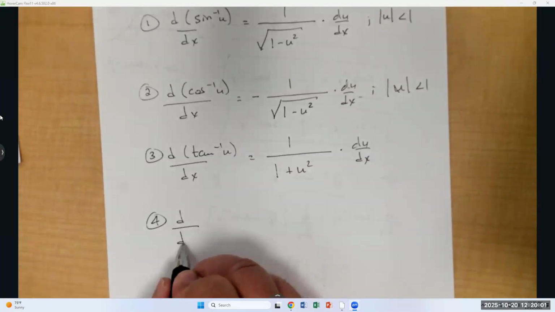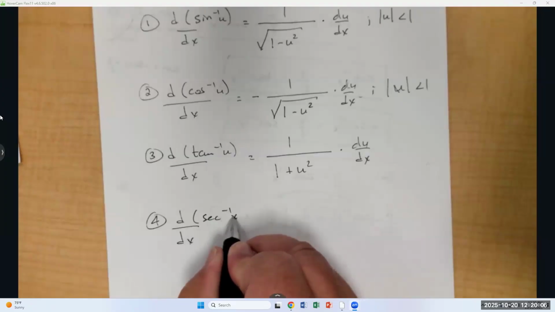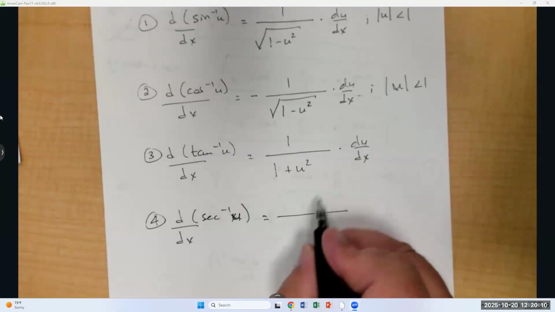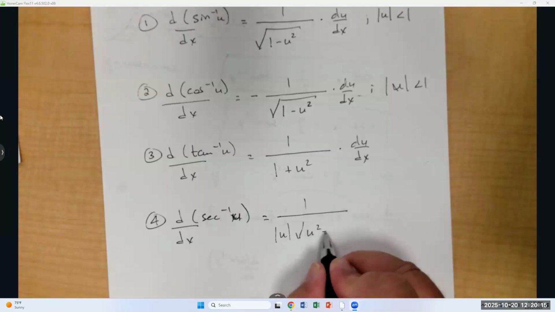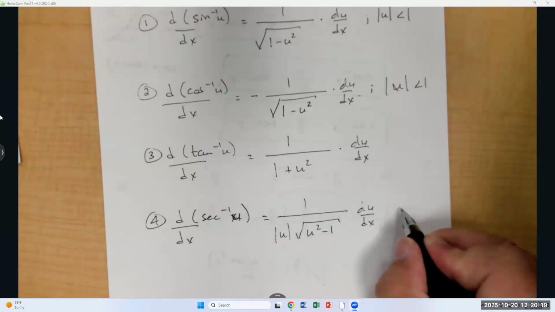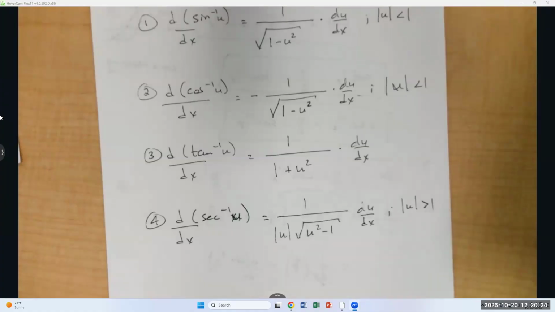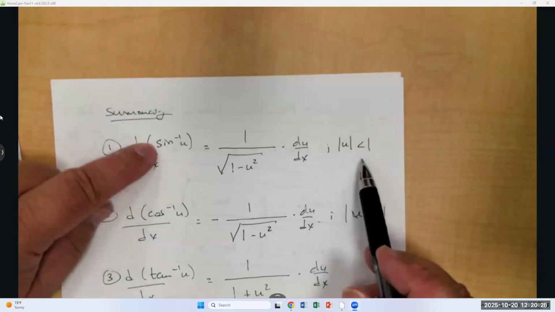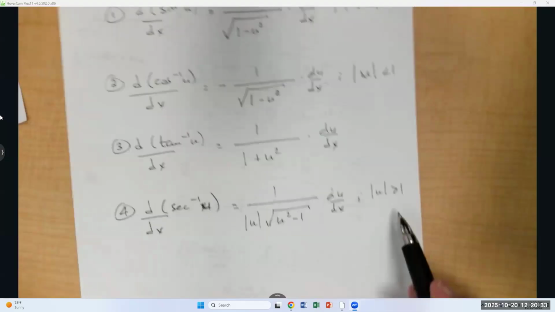The derivative of the arc secant of u is equal to 1 over the absolute value of u times the square root of u squared minus 1, times du/dx, where the absolute value of u is greater than 1 now. Because remember, it's less than 1 for the sine and cosine. That means for the secant and cosecant, because they're reciprocal functions, it's going to be greater than 1.